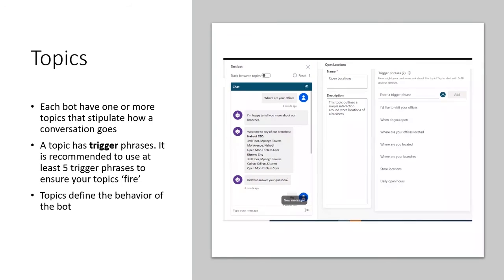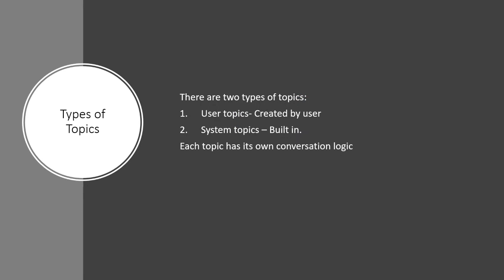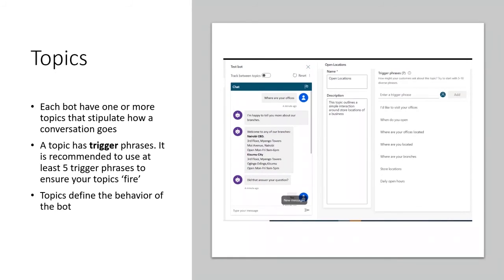So word phrases that users would typically type or enter, and this would trigger a conversation. And so topics are really the foundational element of defining how that bot will behave. And we'll look at an example in a few minutes.